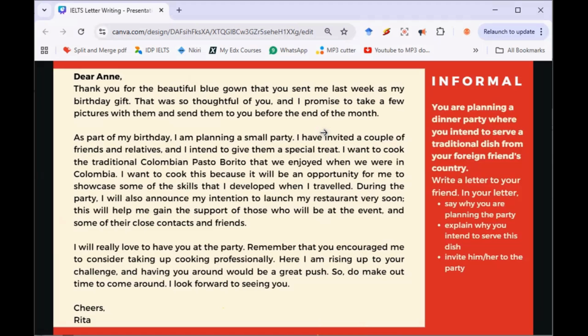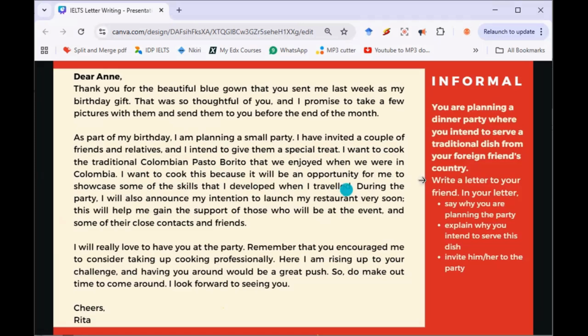Now look at the next paragraph. As part of my birthday, I am planning a small party and I have invited a couple of friends and relatives, and I intend to give them a special treat. I want to cook the traditional Colombian pasto burrito that we enjoyed when we were in Colombia. I want to cook this because it will be an opportunity for me to showcase some of the skills that I developed when I traveled.